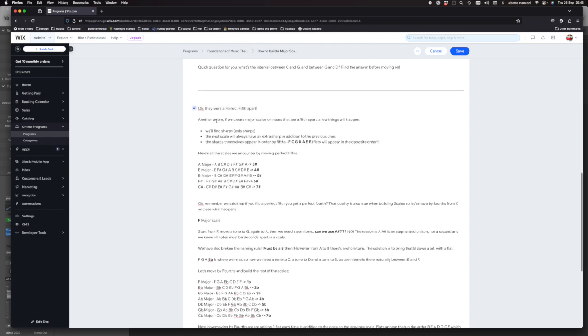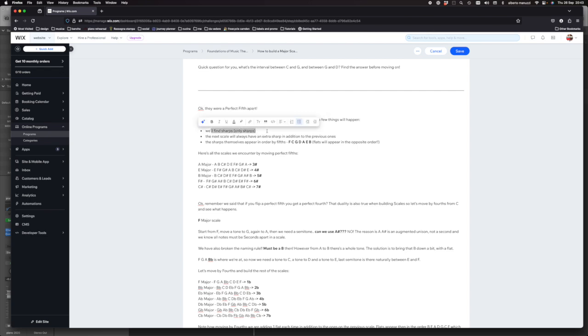Okay, so here's another axiom, another truth within our theory. So when you create major scales that are a fifth apart, you'll find sharps and only sharps.